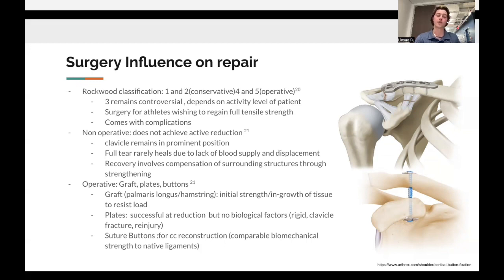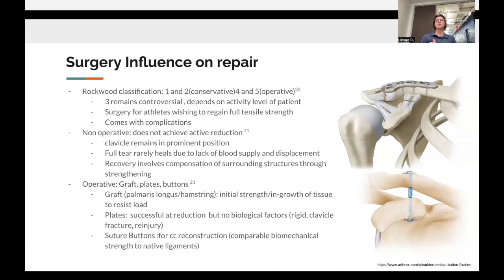Typically, you would want to have surgery if you're wishing to regain full tensile strength, or if it's for athletes that want to be able to do constant overhead activities such as football or athletic activities. But in most cases, you're going to have a non-op for grade 3 acromioclavicular.